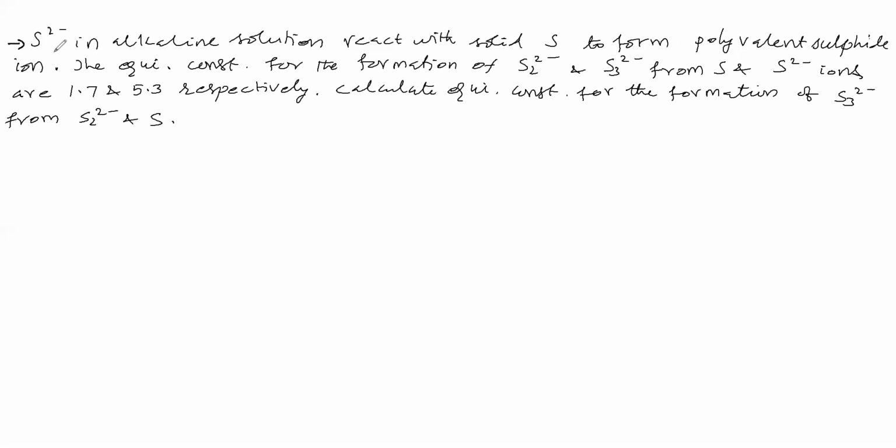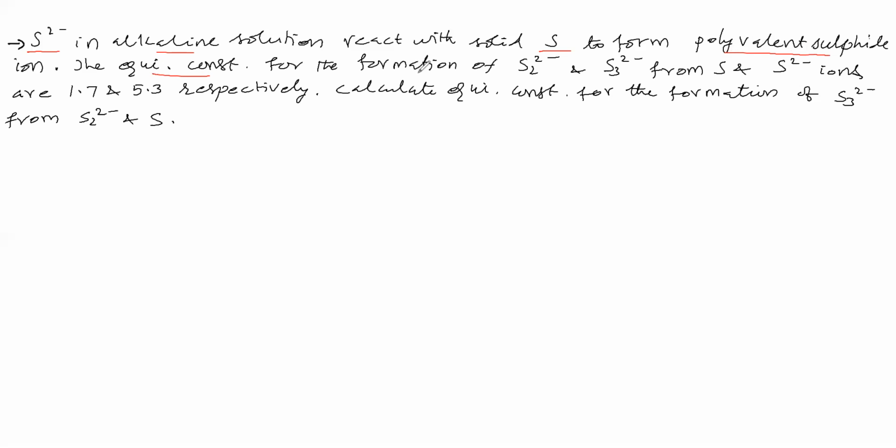Now S2 minus ion is taken in alkaline solution. Solid sulfur is taken. Both are reacting to form polyvalent sulfide ion. Now, which is the polyvalent sulfide ion? We'll see.